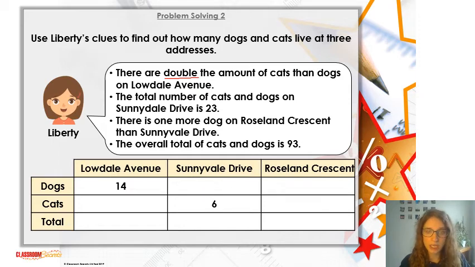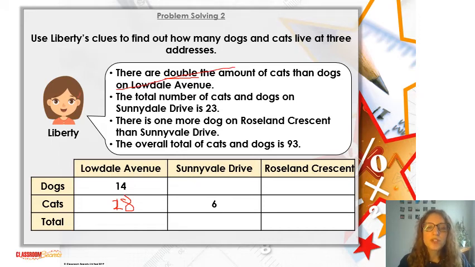There are 14 cats, sorry, it's 14 dogs, so we need to double it. 14 times 2. Or you can use repeated addition, which is 14 add 14. Okay, so that would give us our next one. Okay, so 14 add 14 is 28.